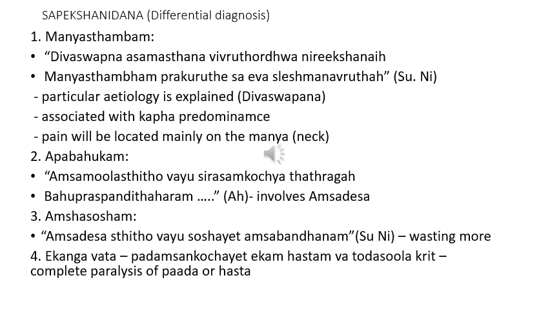In Ekangavata, there is Toda and Shula with complete paralysis of a Pada or Hasta; Eka means one Anga is involved. It can occur in either the leg or the arm, but there is complete paralysis along with Toda and Shula. So when we rule out all these conditions, Vishwachi can be confirmed.